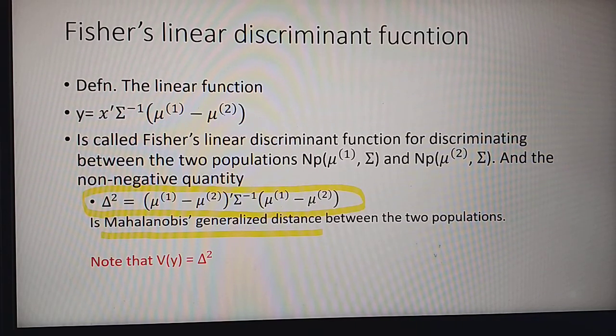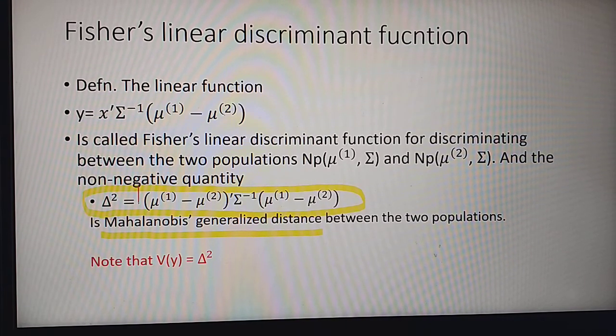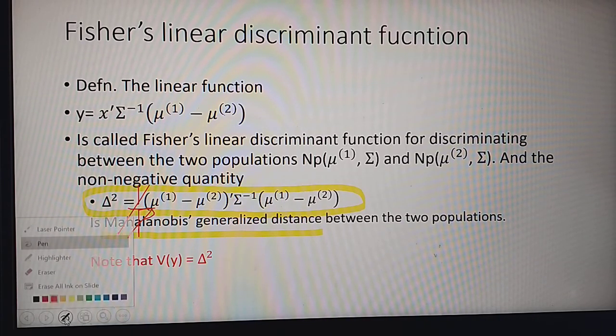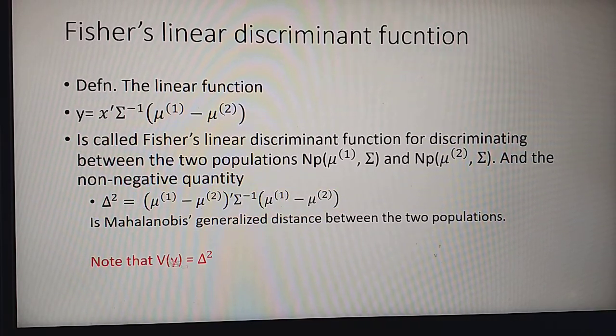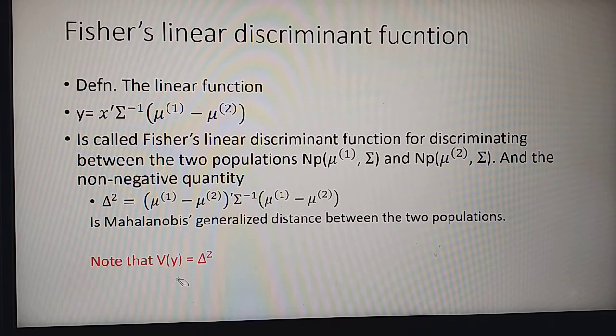So in some books you may find the 1 by p coefficient here, but in the problem of classification, generally we drop this. So we simply write this, and we only use (mu1 minus mu2) prime sigma inverse (mu1 minus mu2). Okay, so note that the variance of y is delta square.